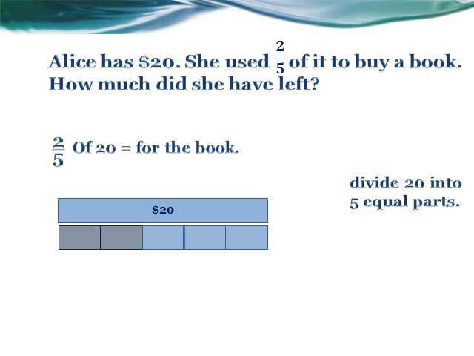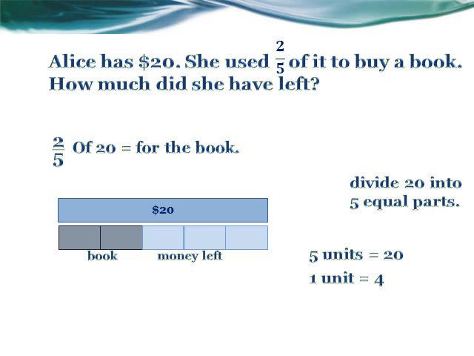But the question is, how much did she have left? Therefore, the other 3 smaller bars represent the money that she had left, because 2 parts are for the book. Therefore, the remainder is the money that she had left. If you count the units here, there are 5 smaller bars, and that means 5 units, and that is equal to 20.